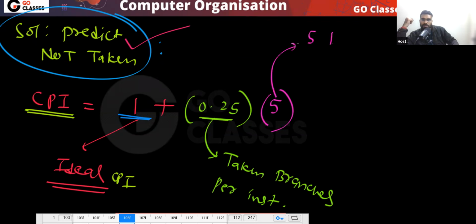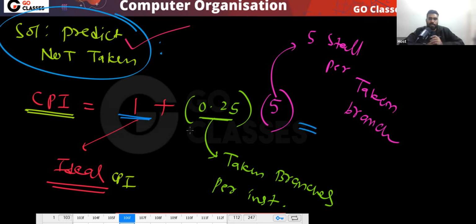Whenever you take a branch, you need to pay the penalty, right? Why are we paying the penalty for taken branches, and why not for the remaining branches? For not taken branches, we are not paying the penalty, because your solution is predict not taken.